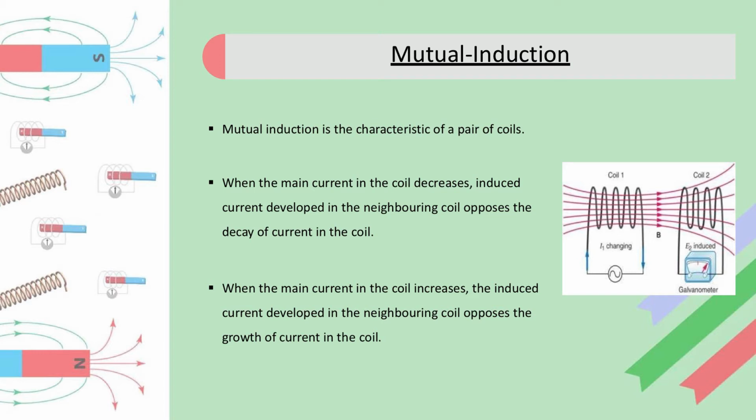Before this, we came to know about self induction. In self induction, self means individual. When an individual conductor or coil is taken and some current flows and its variation is maintained there, a current develops, and that current is known as the induced current, because due to the flow of current there is a change in the magnetic field.